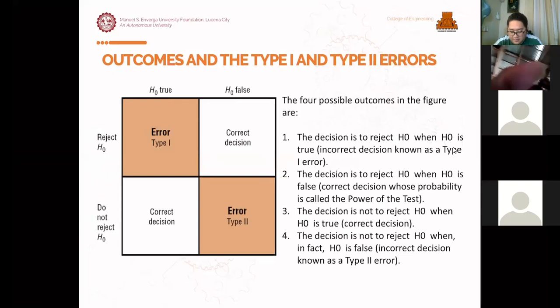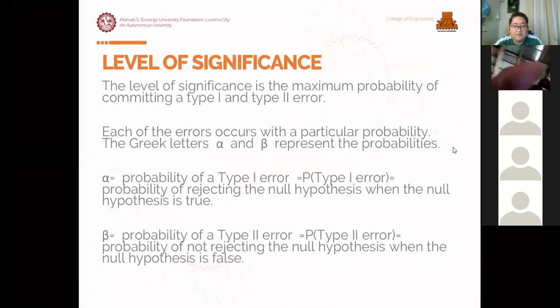Okay? So, now, what is the so-called level of significance? The level of significance is the maximum probability of committing a type 1 and type 2 error. Again, type 1 error is when we reject even though we know that the null hypothesis is true.